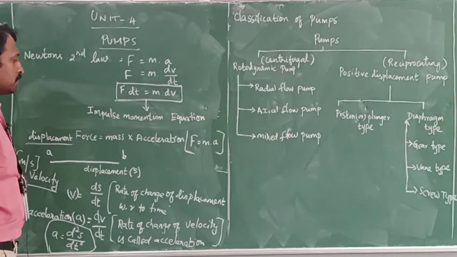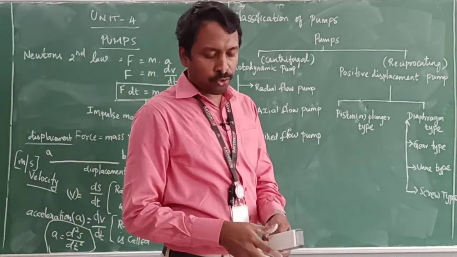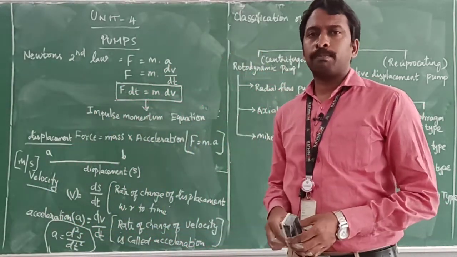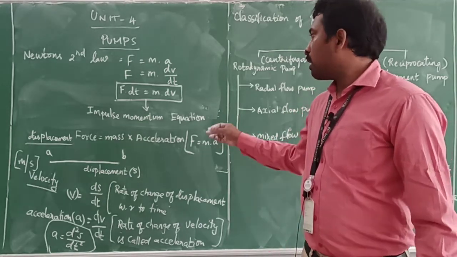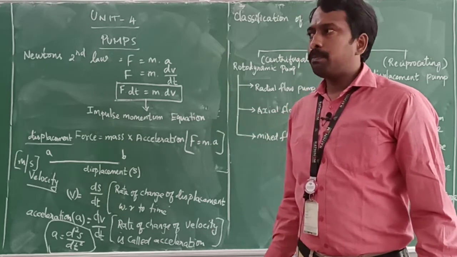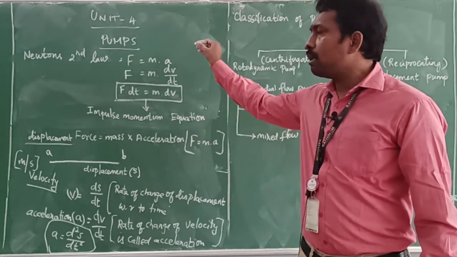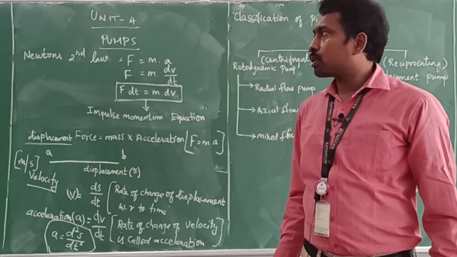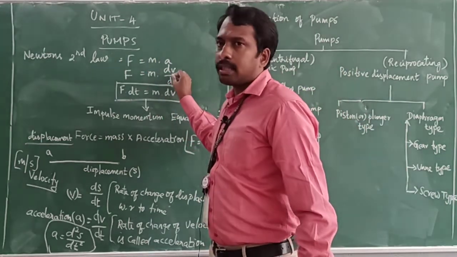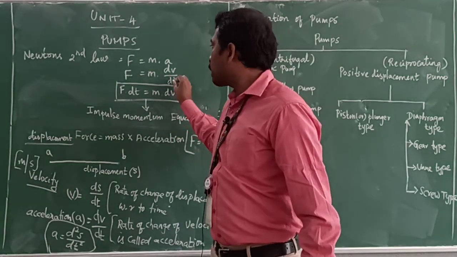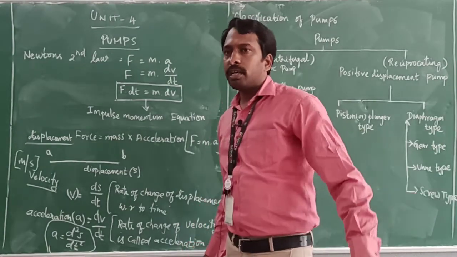The pumps are used to transmit the fluid from one place to another place, or lower place to higher place, by means of pressure, and the pumps are working under the principle of the impulse momentum equation. The impulse momentum equation is found from Newton's second law of motion, force equal to mass into acceleration, where acceleration is dv by dt. Cross multiplying gives F dt equal to m dv.